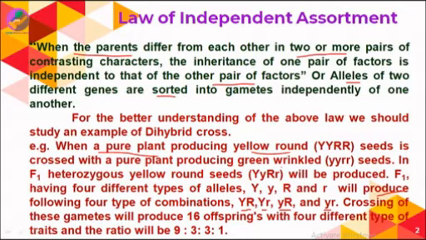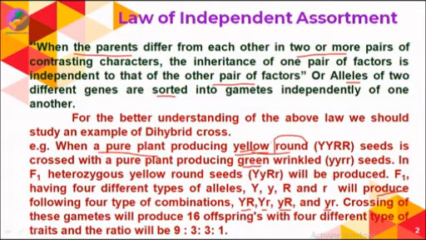Try to understand here. We have selected two pairs of contrasting characters in this example. The first pair is related to the color of the seed, and the other pair is the shape of the seed. The color of seed contains two contrasting characters: yellow colored seeds and green colored seeds.